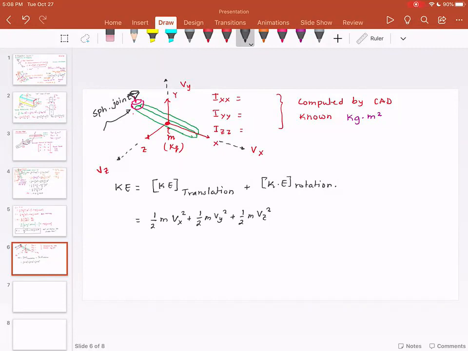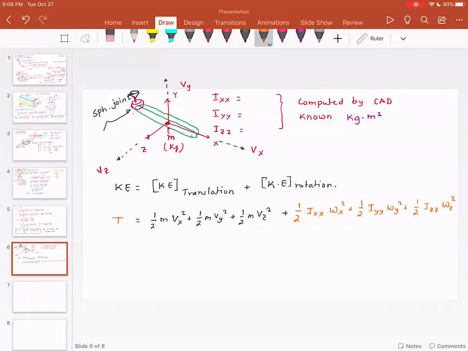So this is the kinetic energy in translation, plus the kinetic energy in rotation, which is 1/2 Ixx omega x square plus 1/2 Iyy omega y square plus 1/2 Izz omega z square. So now you have the expression that is needed for kinetic energy.